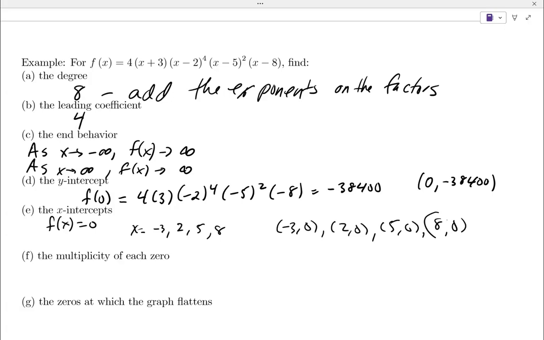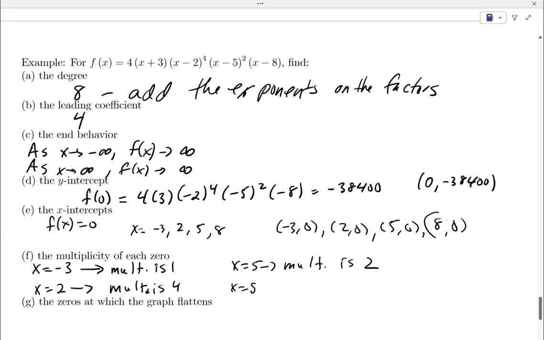All right. For part F, it asks for the multiplicity of each 0. For negative 3, what's the multiplicity? 1. Good. For x equal to 2, 4. For x equal to 5, 2.